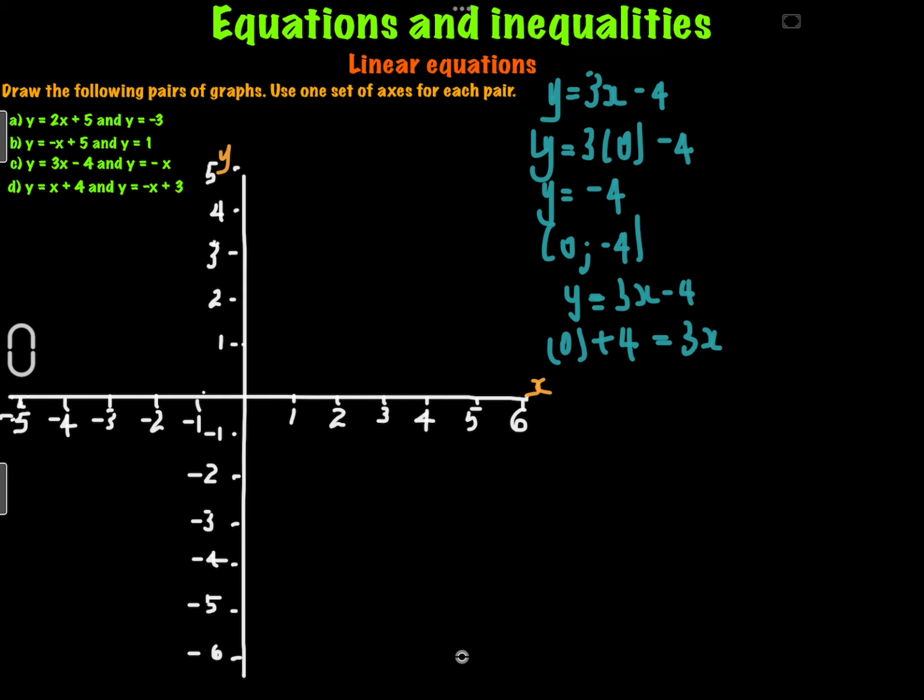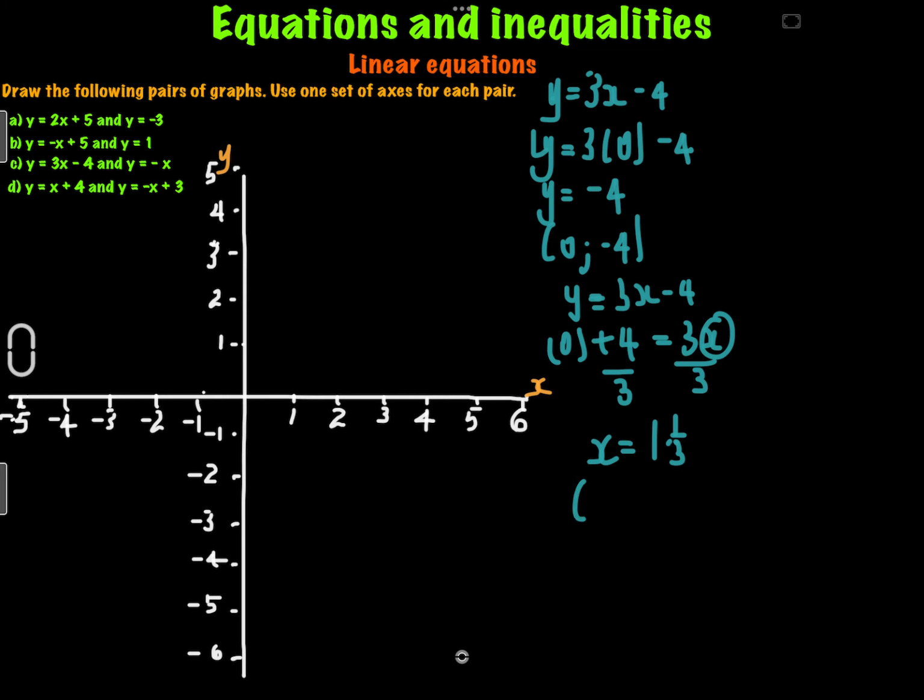In this case, we divide both sides by 3 because we have a coefficient here. So essentially what we have now is x equals 1 and 1 over 3.